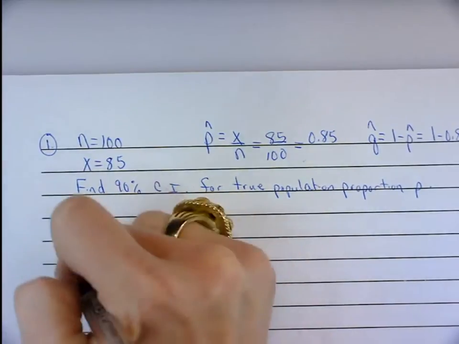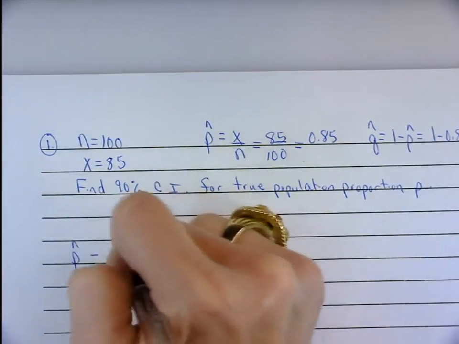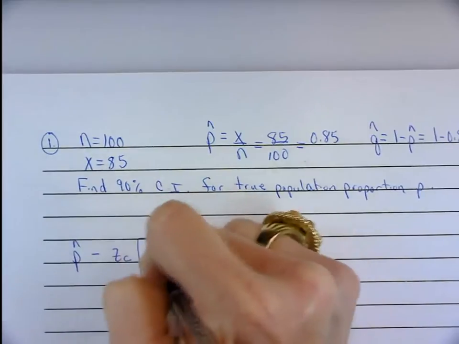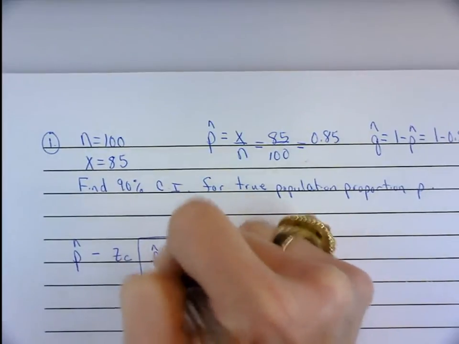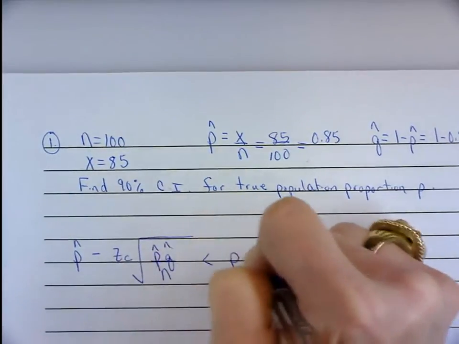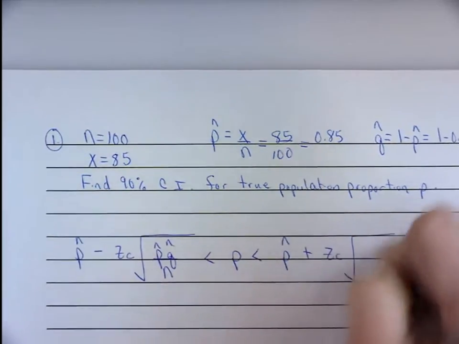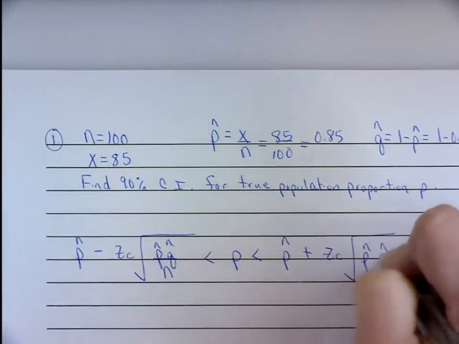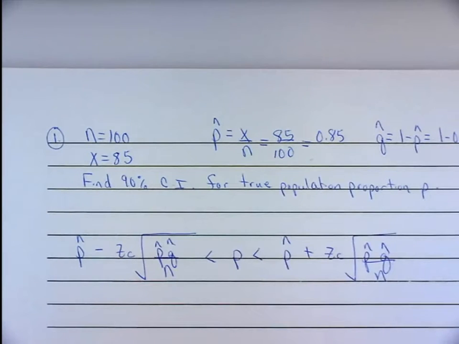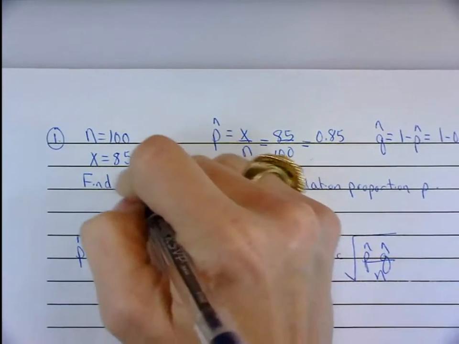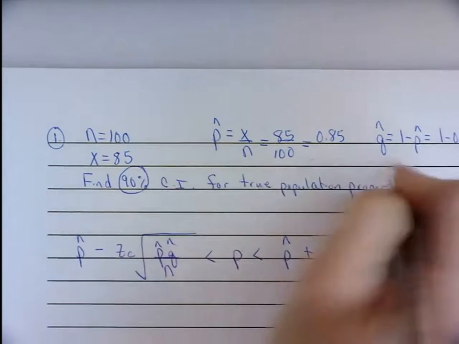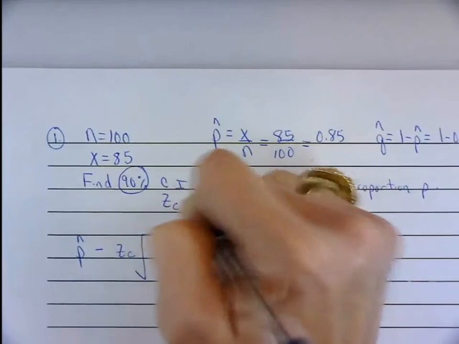Formula. P hat minus Z sub C, square root of P hat times Q hat divided by N, is less than P hat plus Z sub C, square root of P hat times Q hat divided by N. Since it is a 90% proportion Z interval, Z is 1.65.